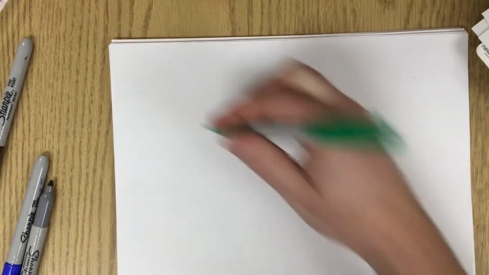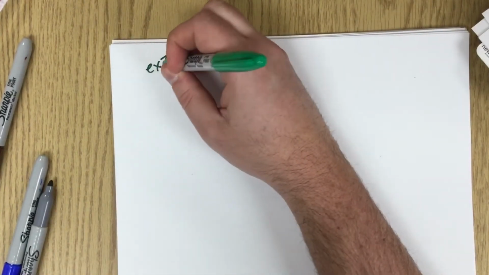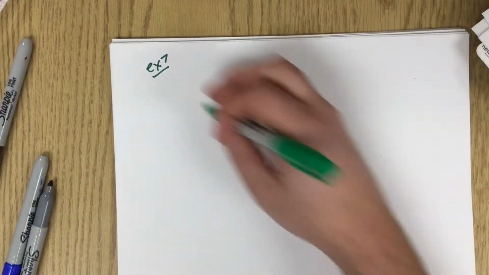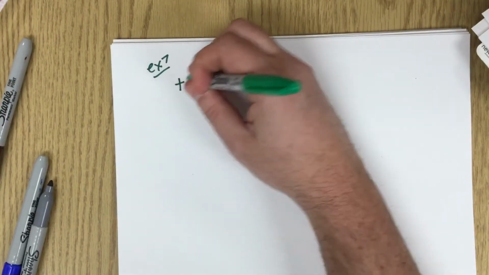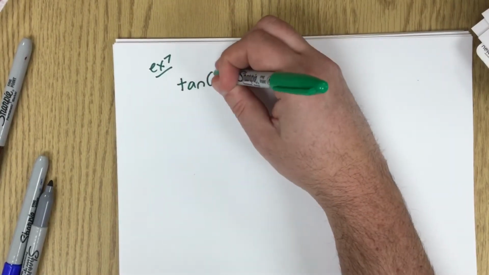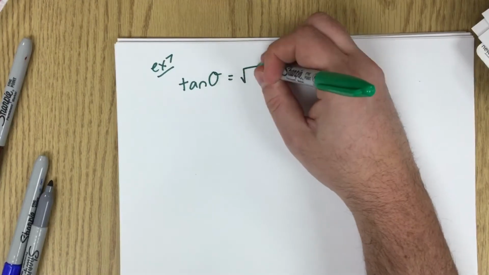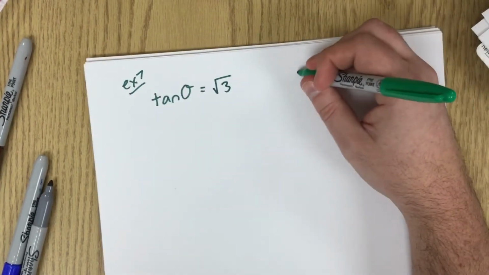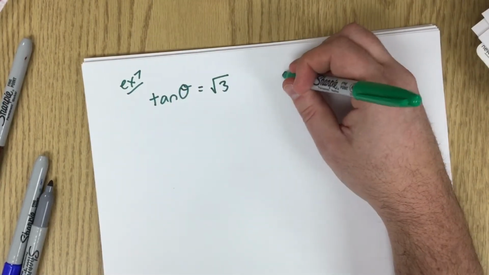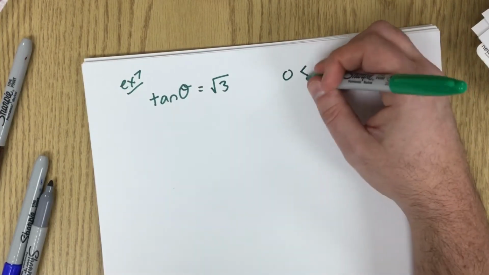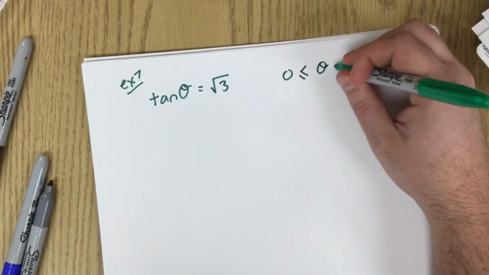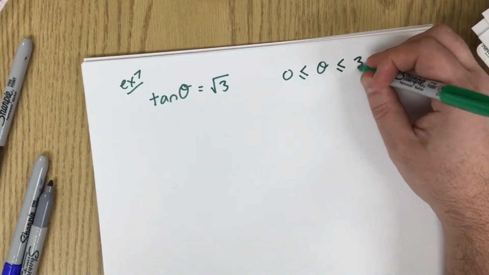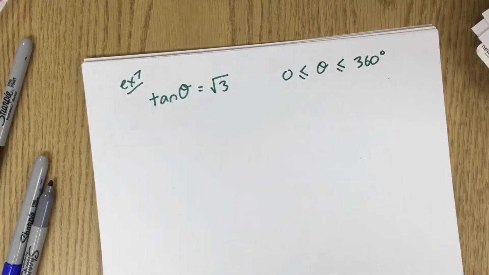Now, the way we're often going to see these questions, we're going to limit the domain of the answer. So it may look something like this. It might say tangent of theta is the square root of 3, but the angle has to be between 0 and 360 degrees.